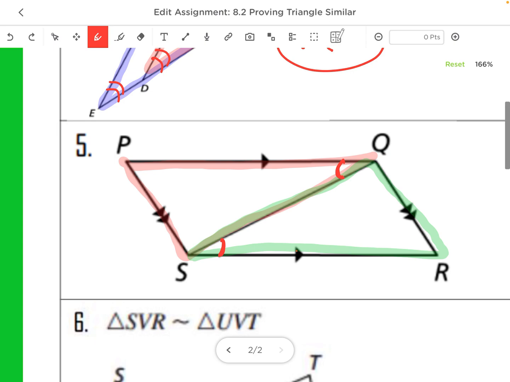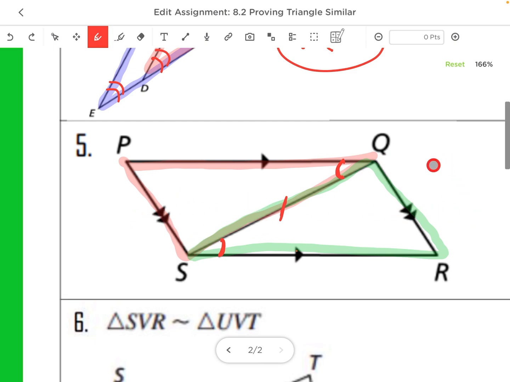Then we know that this side, they share that side, right? Now, what do we know about this? Is this side equal to this? They may be, but we don't know that for sure. Okay, so we can't say that. But what we do know is this is also parallel with this.